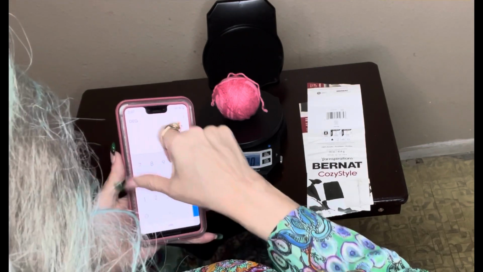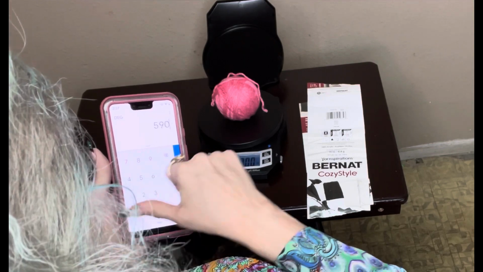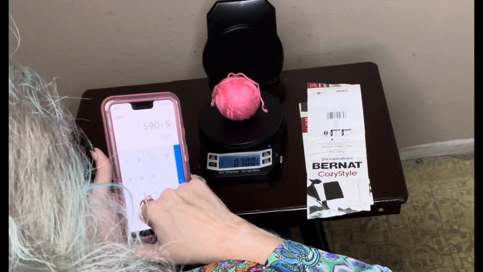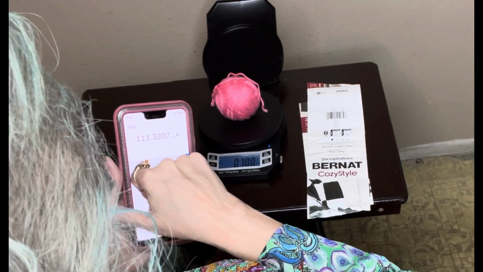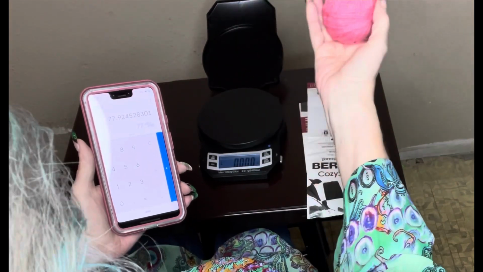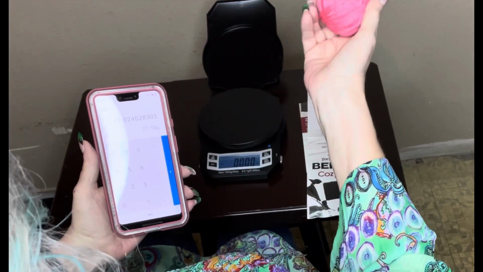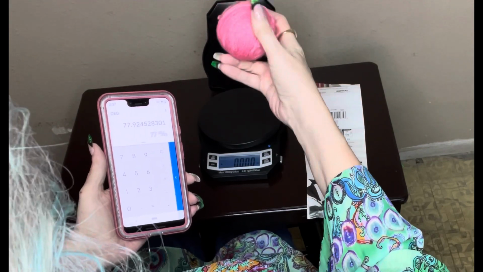Oops. Hold on, I just messed up. 590 divided by 5.3 equals, multiply that by 0.7 equals, so there is 77.92. I count it as 78 yards left in this ball.